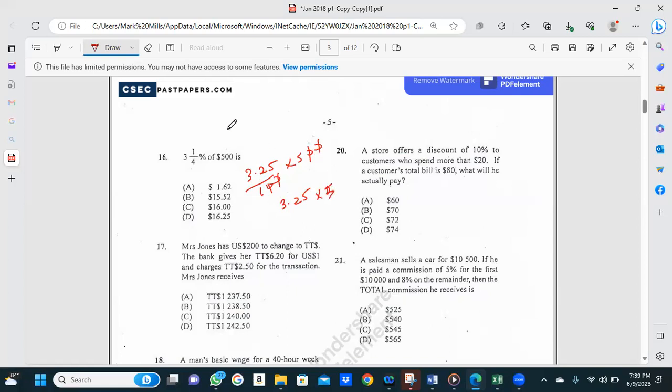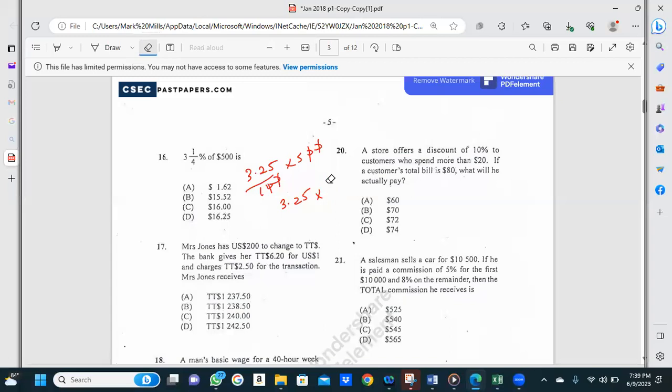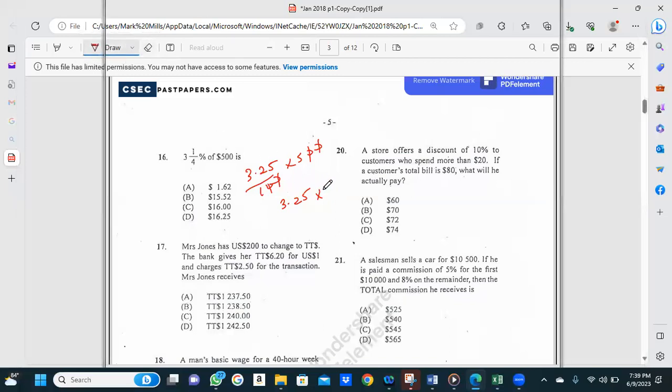Now, when you multiply 3.25 times 5, what do we get? Sir, B. B, you sure? Check it again. No, not really. 3.25 times 5, what do we get? Somebody talk to me. D. D, it would be 16.25, right?